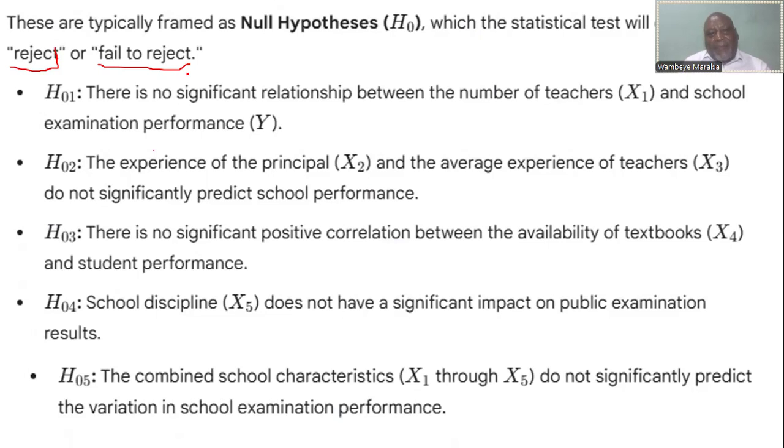Null hypothesis number 4 is the school discipline does not have a significant impact on public examination results in a school. Then, null hypothesis number 5, the combined school characteristics 1, 2, 3, up to 5, do not significantly predict the variation in school examination performance.